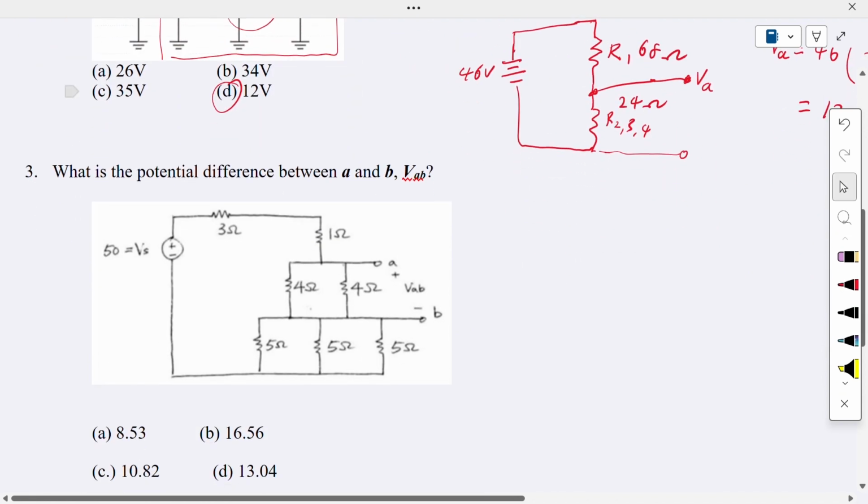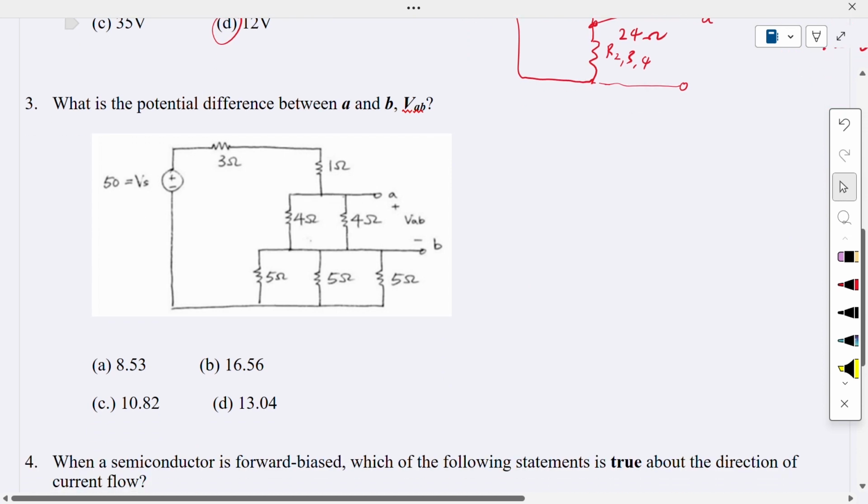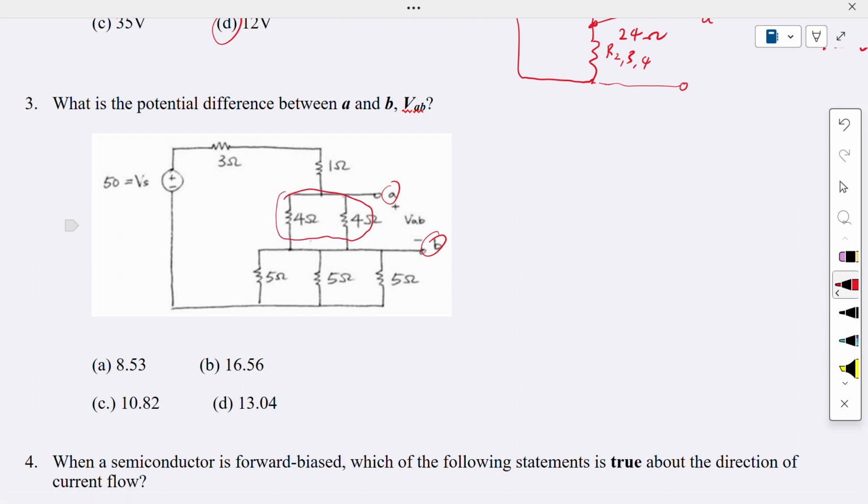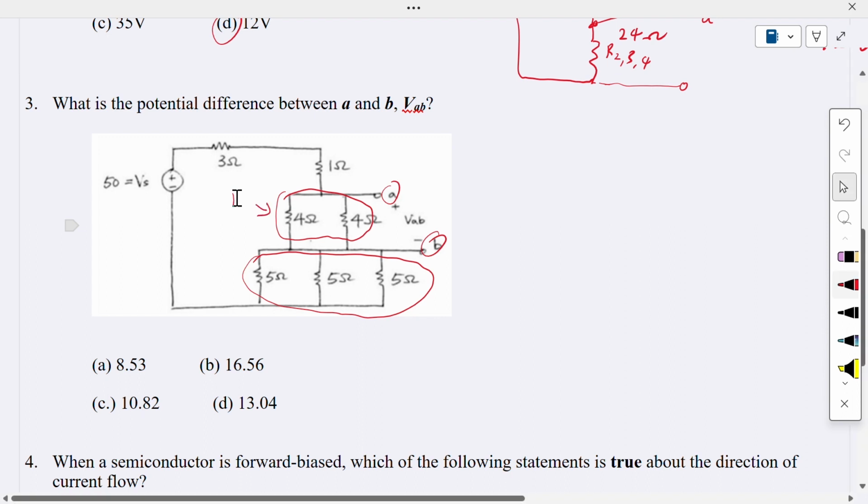Okay. Now we see question number 3. What is the potential difference between voltage A, VA, and VB? In this circuit, we can see that the 4 ohm and 4 ohm are connected in parallel, and the three 5 ohm resistors are connected in parallel. So we can find the Req for each.